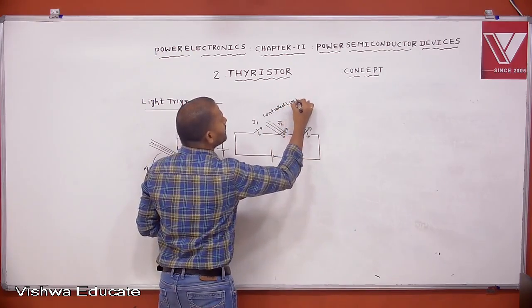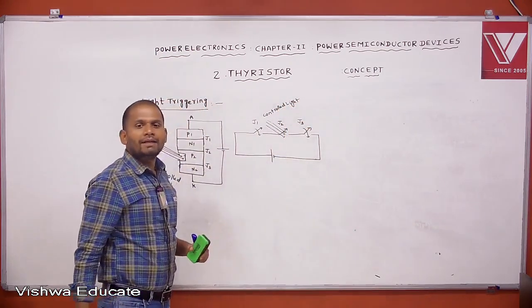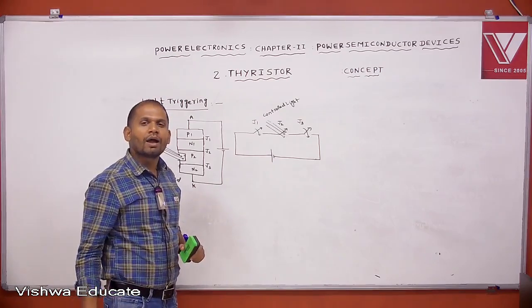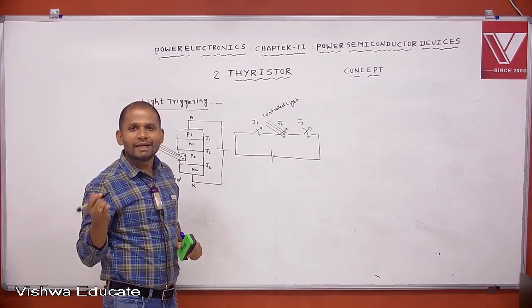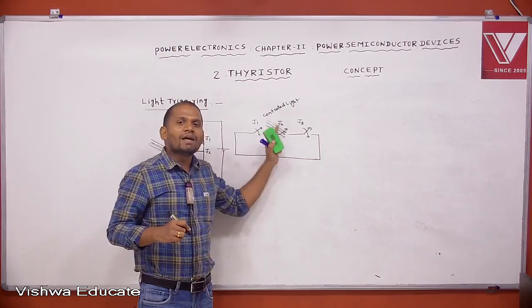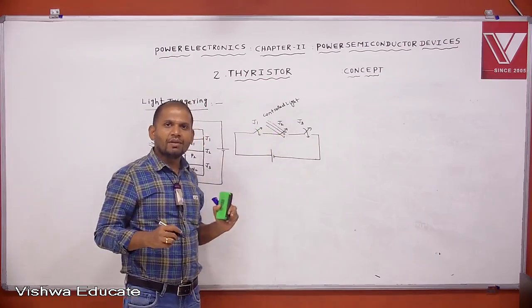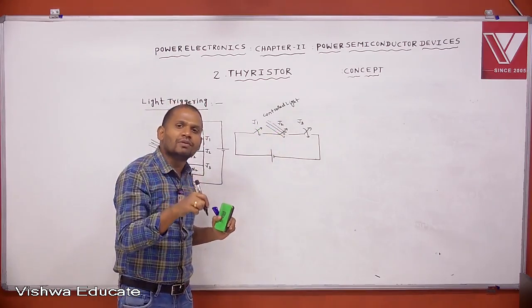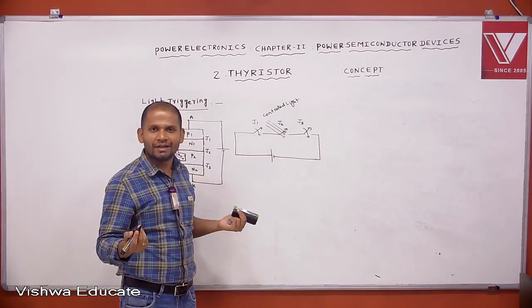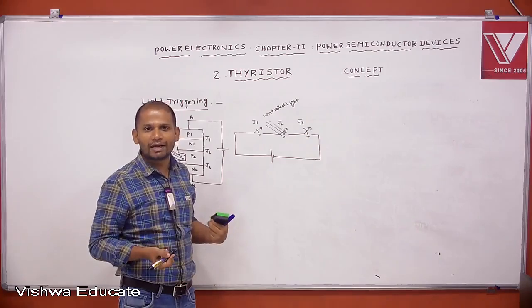We know this concept: when a light falls on a semiconductor device, according to photoconductivity, light has some wavelength, and because of that wavelength, electron hole pairs are generated in the semiconductor material.